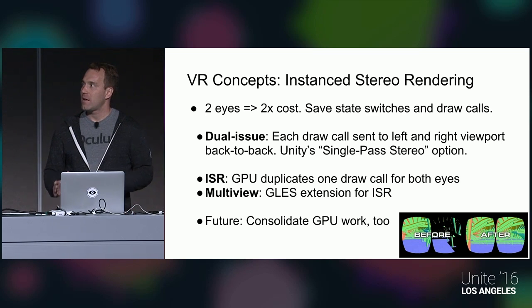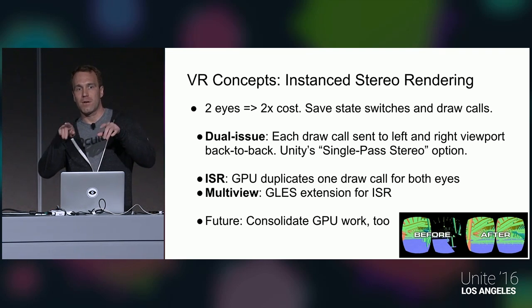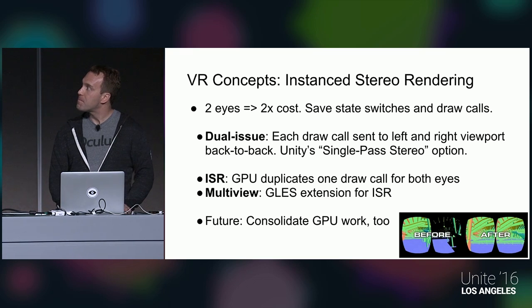Instant stereo rendering is also possible on PC. D3D11 has extensions that support this in various ways. The traditional ISR concept is implemented in a D3D11 extension that allows you to render to two different elements in a texture array simultaneously. And we're hoping to enable that in the near future.